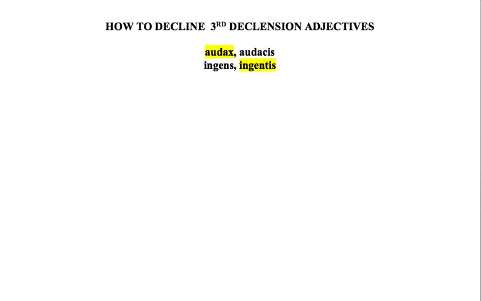So let's see a typical setup for a type of question that you will be asked when you want to decline or write a specific form of an adjective.